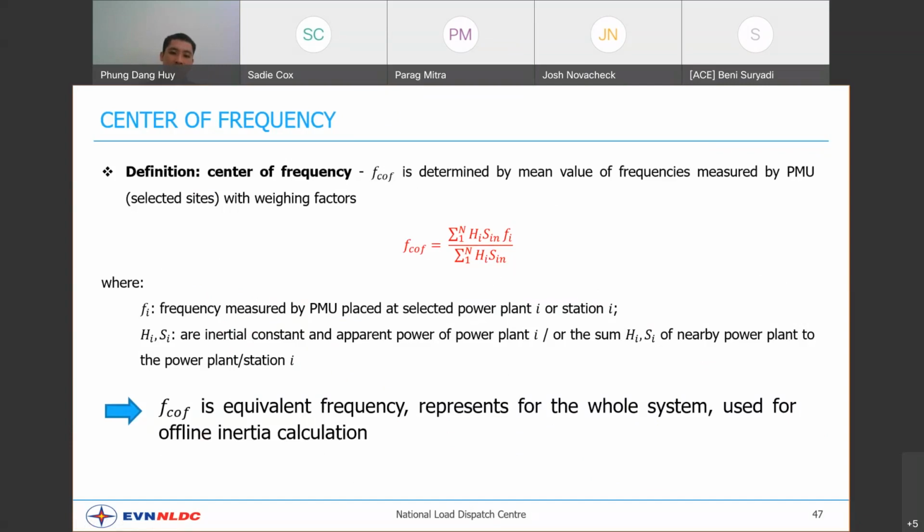Whenever the reading from the PMU is nearby to a place that has a lot of big generators, it has a large factor. After it is applied, we can calculate the center frequency and use that as the frequency of the system, and that will be used for offline inertia calculation. Next slide, please.